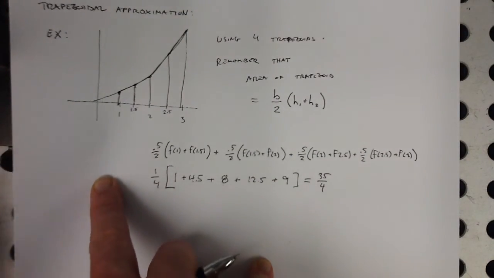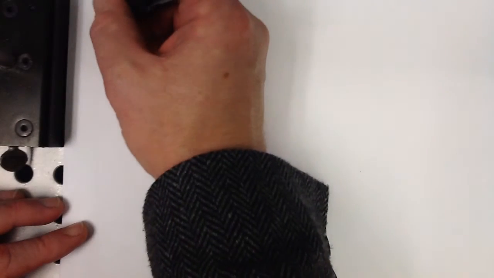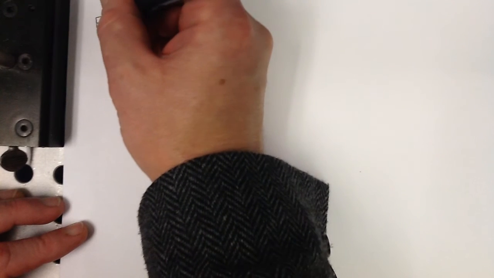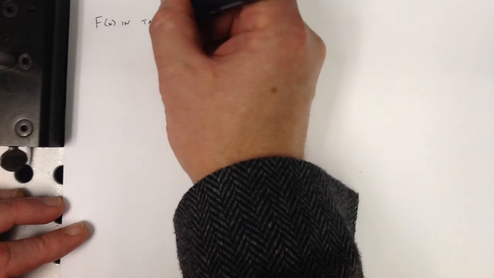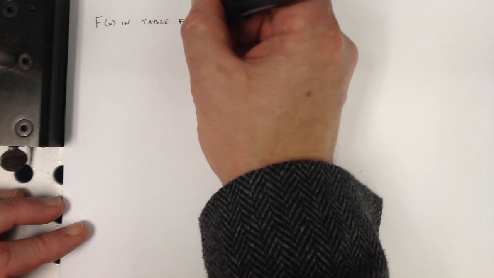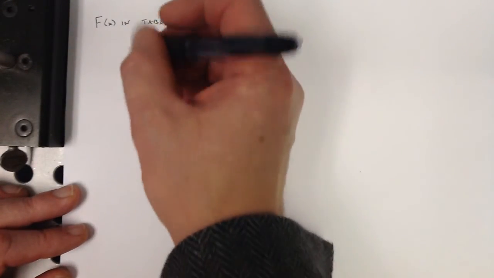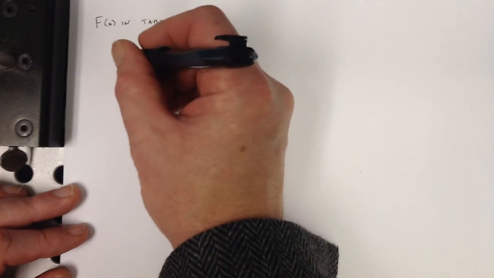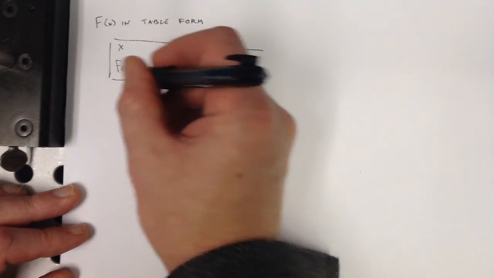All right, so those are the different kinds of approximations that we do. And the last thing I want to show you is sometimes we are given functions in the form of a table of data. All right, so in that case, we might have something like, in other words, we don't have an f of x.